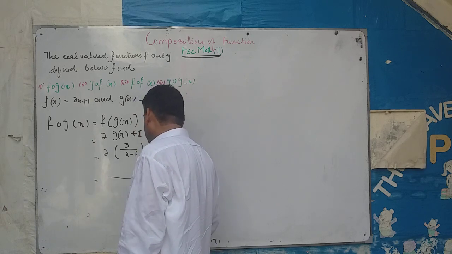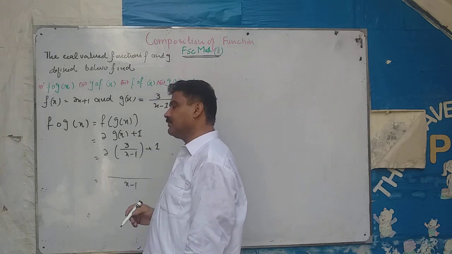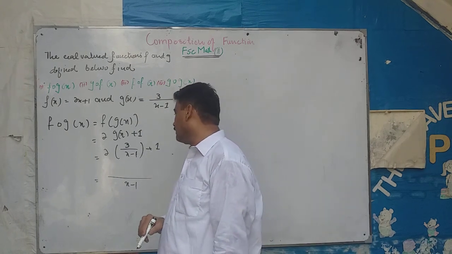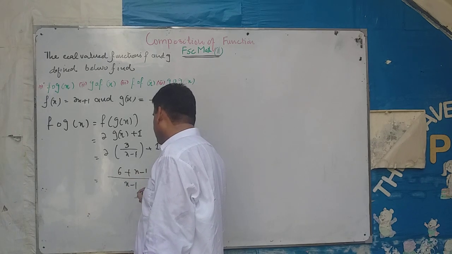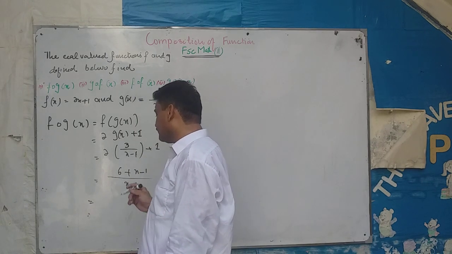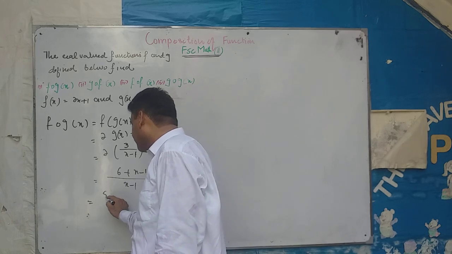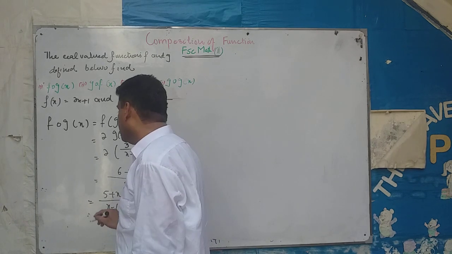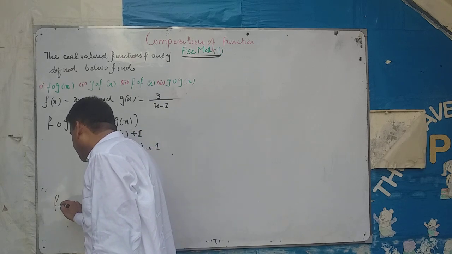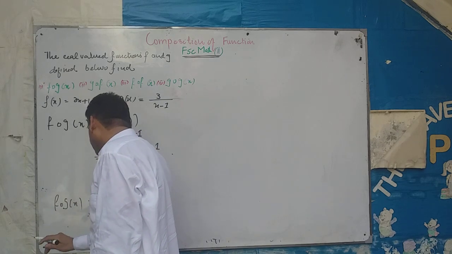Finally, we take x minus 1 as LCM. We will get here 6 plus x minus 1. After simplification, we will get 5 plus x over x minus 1. It is the value of f of g of x.